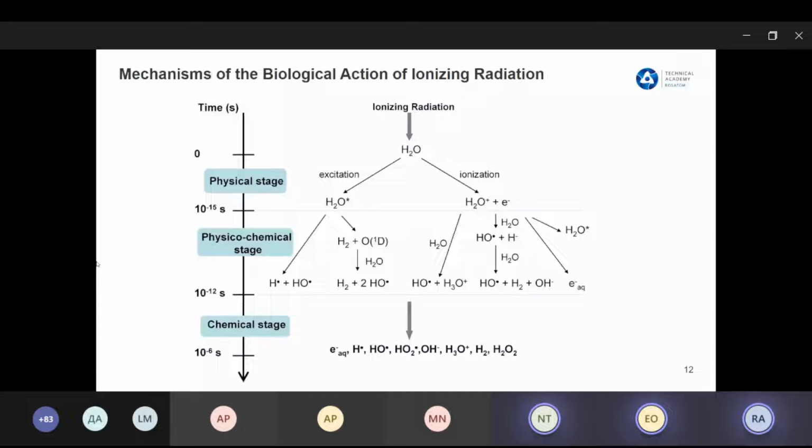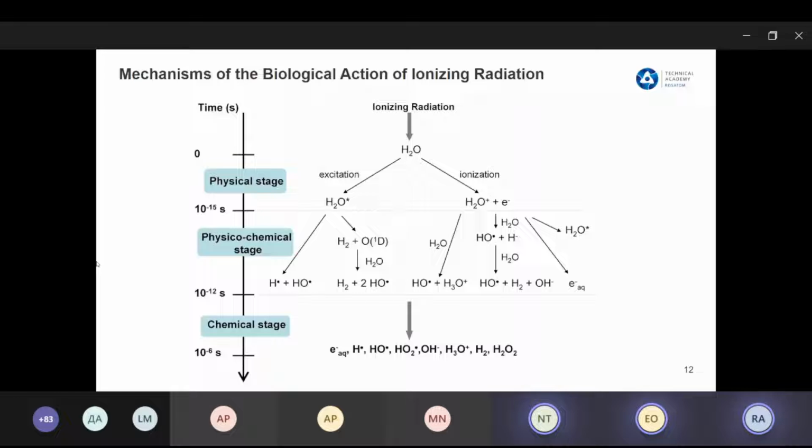There are initially damaged biomolecules and their degradation products, ions and chemical radicals. Approximately 50% of all emerging radicals are formed from water molecules, which make up about 70% of the mass of living organisms.